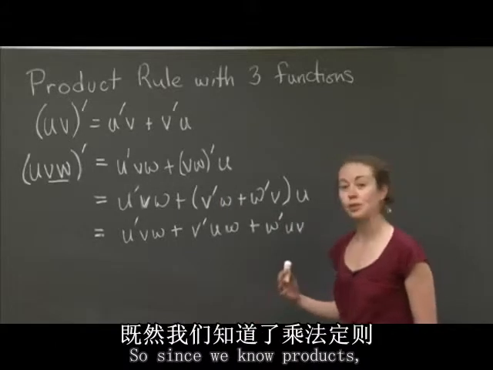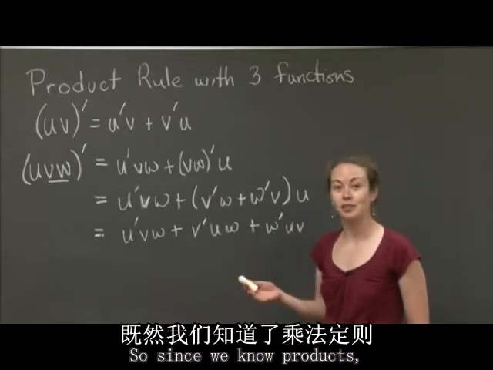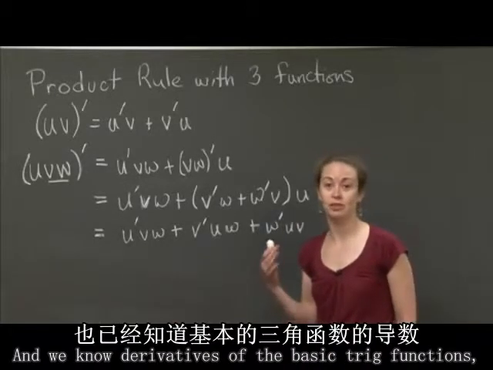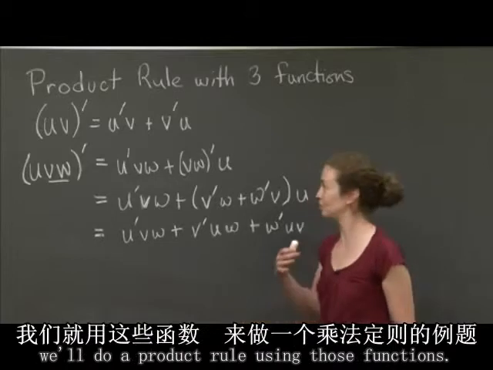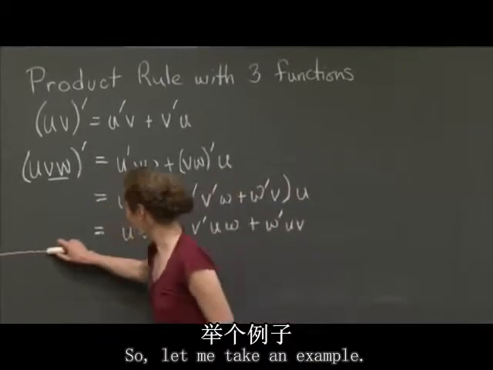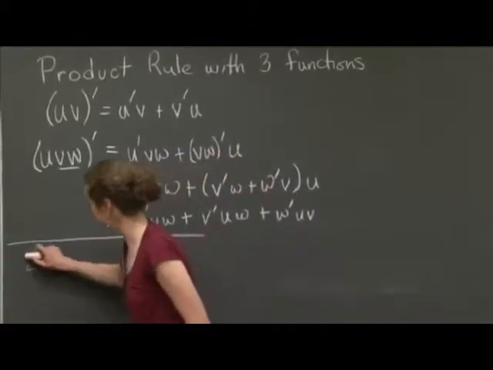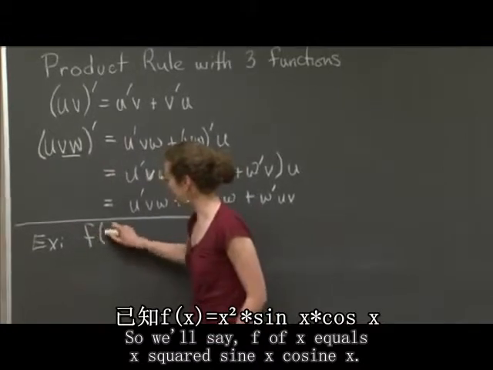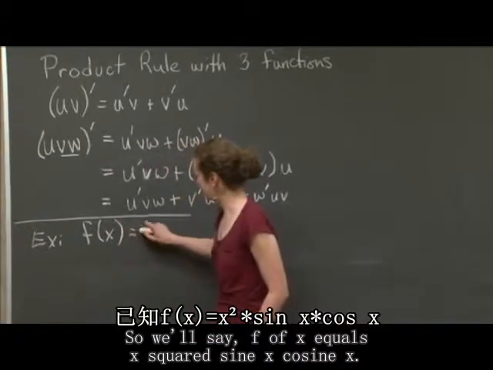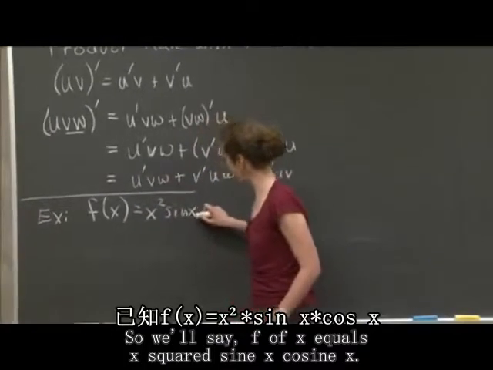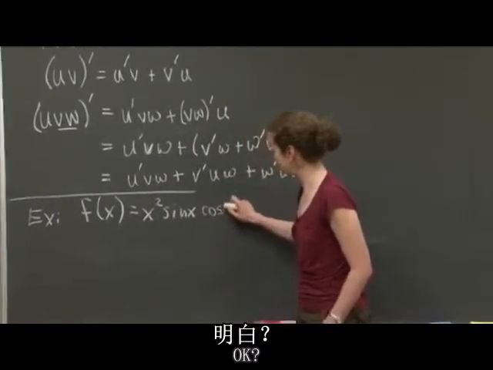Since we know derivatives of powers of x, and we know derivatives of the basic trig functions, we'll do a product rule using those functions. So let me take an example. We'll say f of x equals x squared sine x cosine x.